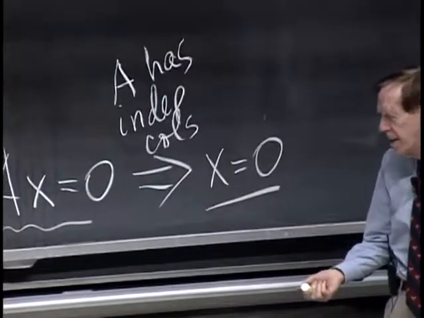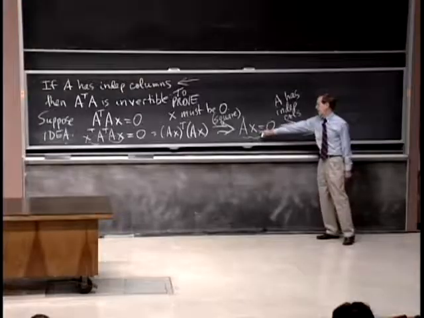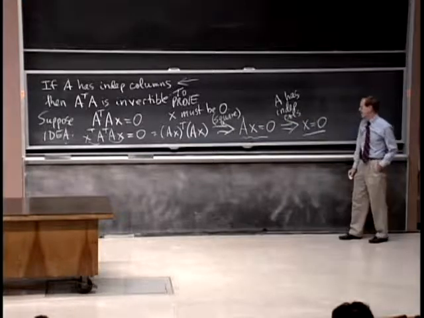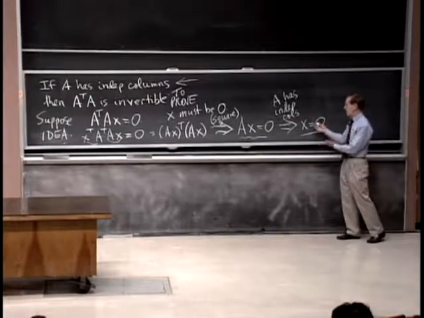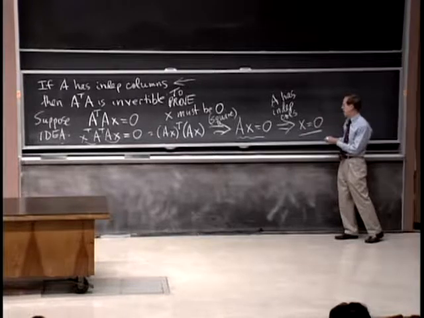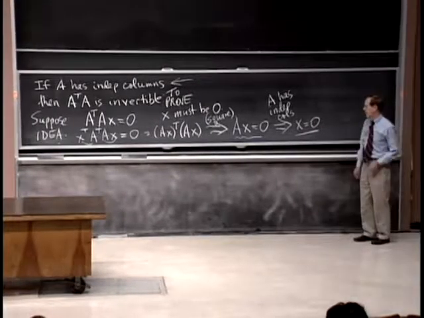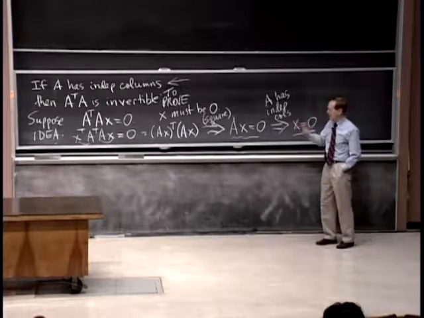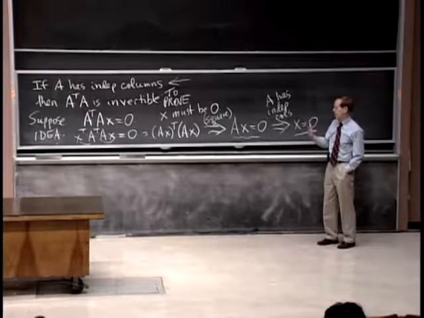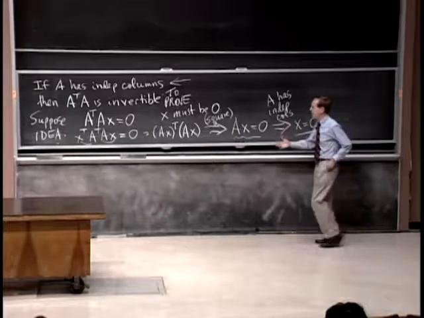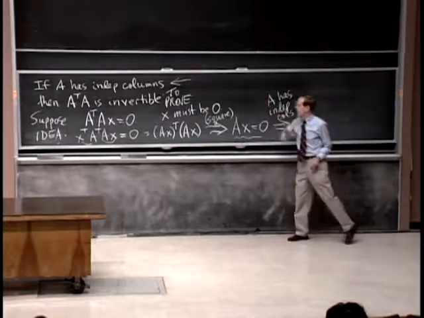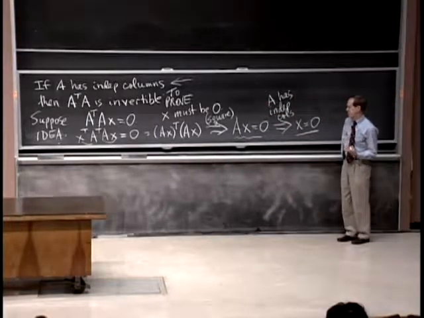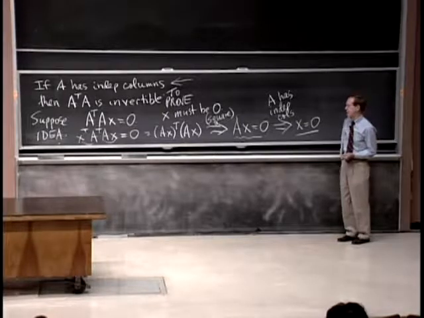This tells me x is in its null space, and the only thing in the null space of such a matrix is the 0 vector. So that's the argument, and you see how it really used our understanding of the null space. Okay, that's great.